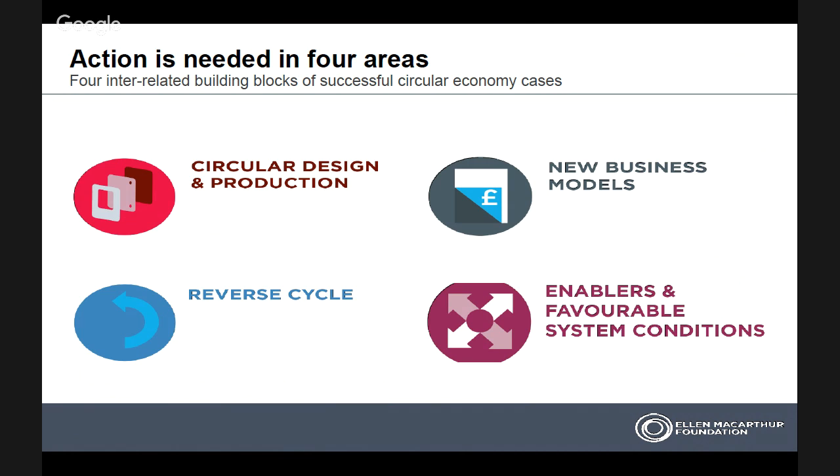So he actually created a new business model off of that. It was a perfect example of how business models provide an opportunity to close resource loops and the importance of those business models in doing that.